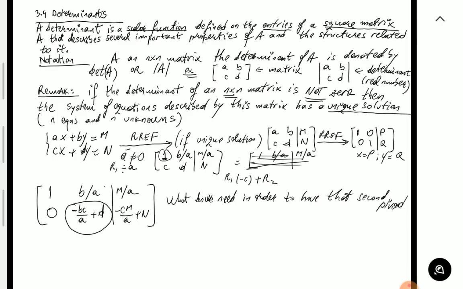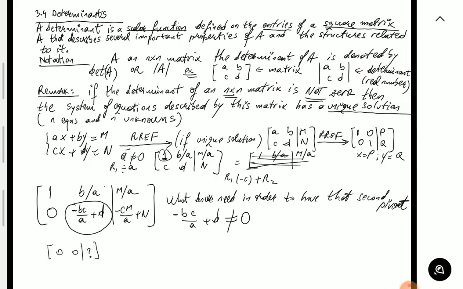Because if we don't have a second pivot, we do not have, of course, a unique solution. We want that second pivot, minus BC over A plus D, to not be equal to 0. Just pause for a moment and try to observe what we just mentioned here. If that entry was 0, then in the reduced row echelon form, you would end up with the last row like this: 0, 0, and some entry on the right-hand side.